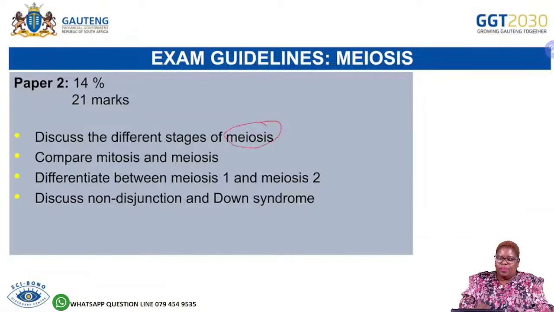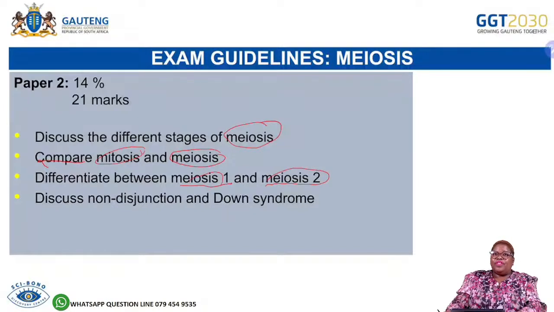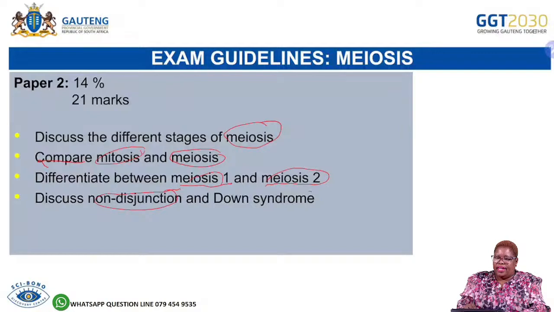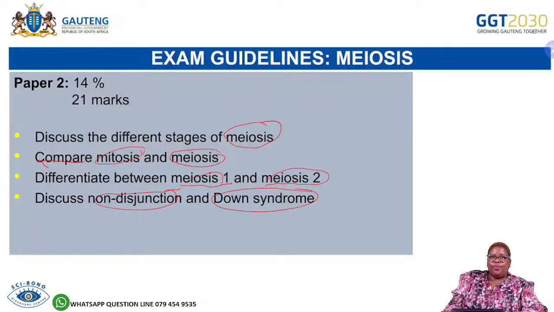Again, you need to be able to compare mitosis and meiosis, and differentiate between meiosis 1 and meiosis 2. And then at the end of the topic, you should be able to discuss non-disjunction and Down syndrome. So if you know all of these items, you are able to score your 21 marks.